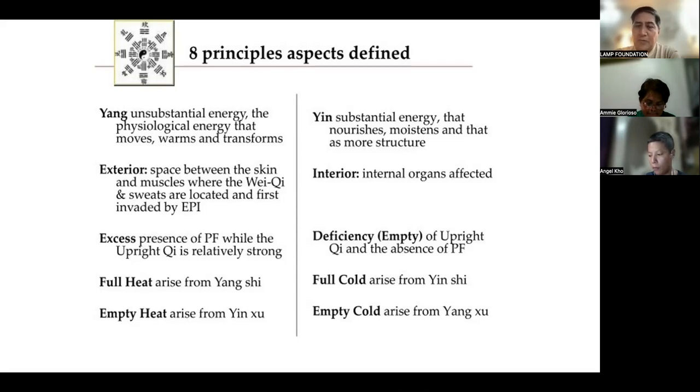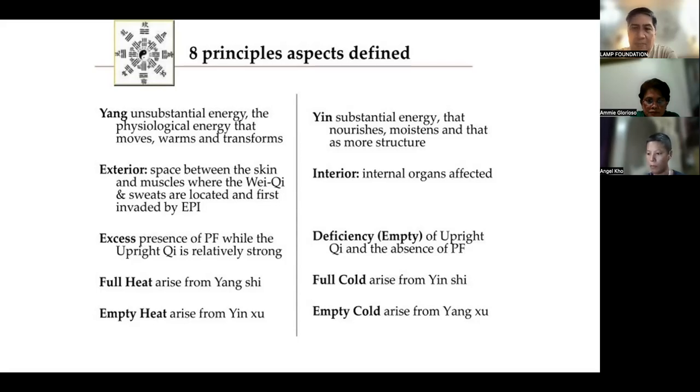Okay. Deficiency or empty. So there is deficient upright chi and the absence of pathogenic factor. Okay. So when you say deficiency, there is no pathogenic factor, but a very deficient immune system or deficient upright chi. That's empty.